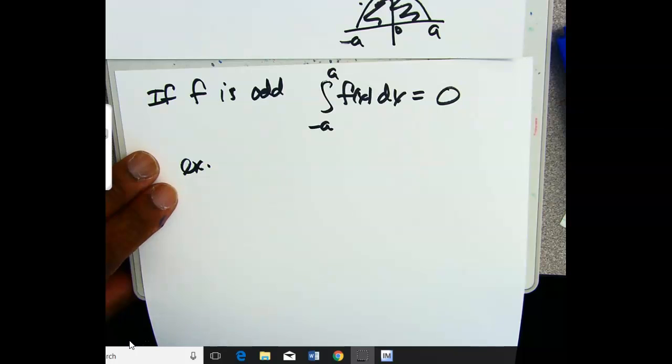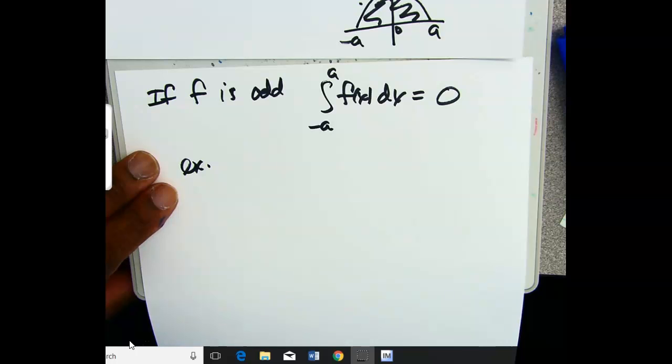No. Cosine is even, because cosine in the first and the fourth quadrant is positive. So cosine of 30 degrees and cosine of negative 30 degrees are the same. Cosine of 30 degrees is what? Square root of 3 over 2. Cosine of negative 30 degrees is square root of 3 over 2.